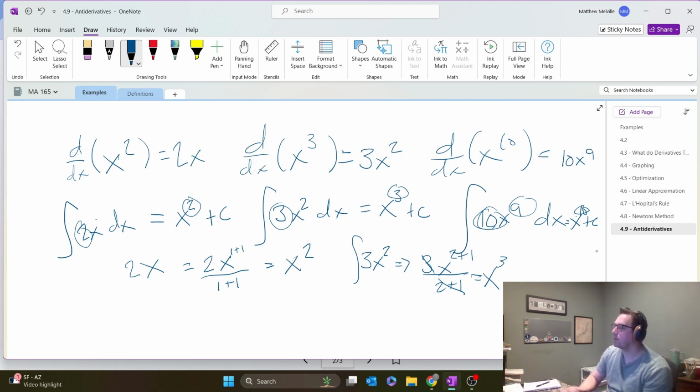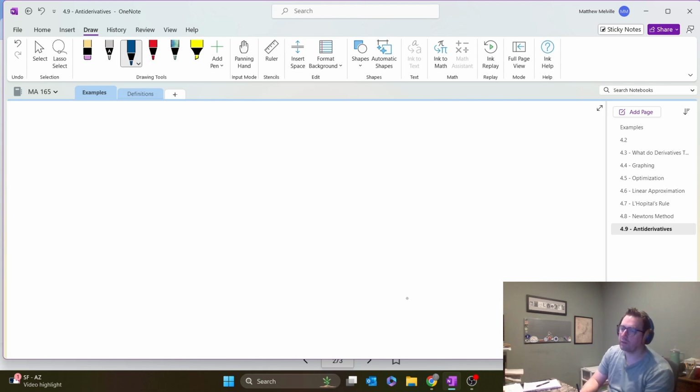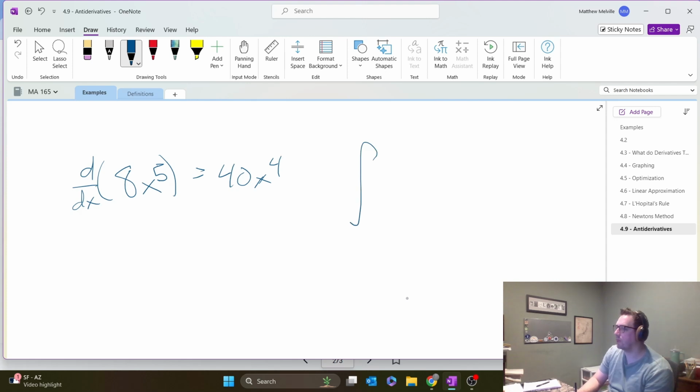Okay, so if that's the case, we're feeling pretty good. But when we have something like this, if I want to find the derivative of 8x to the 5th power, we know it's going to be 40x to the 4th. So when you have to take the antiderivative of 40x to the 4th, then we say, okay, well, what number was here beforehand?